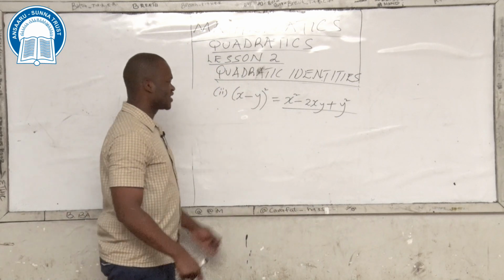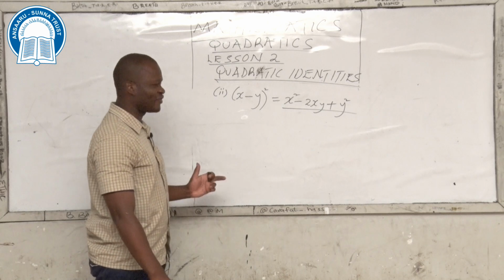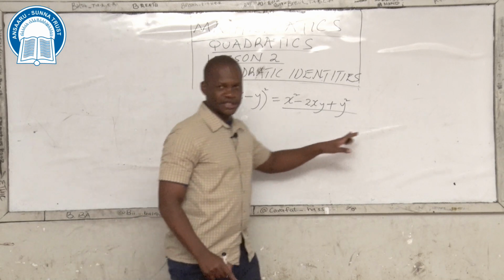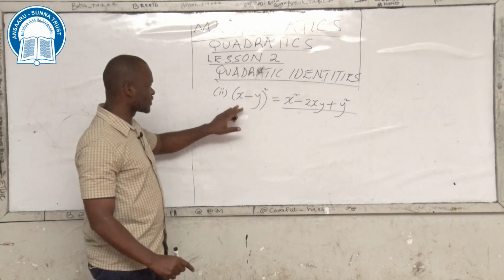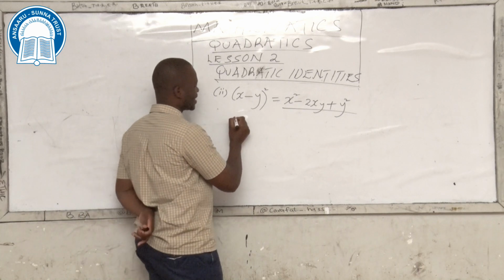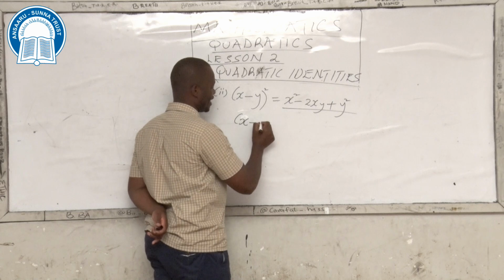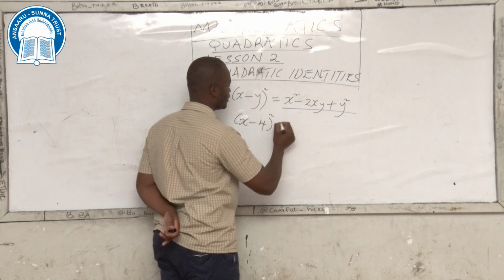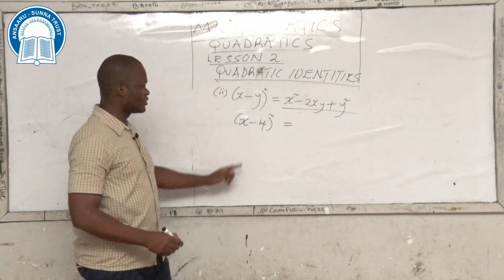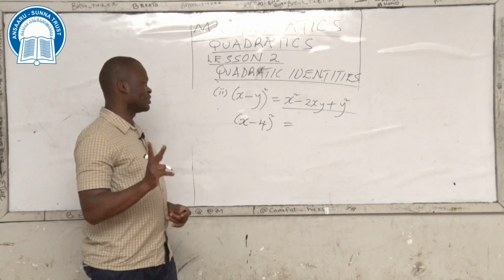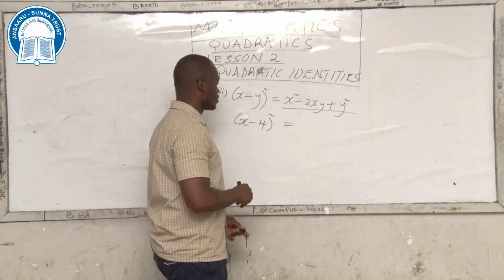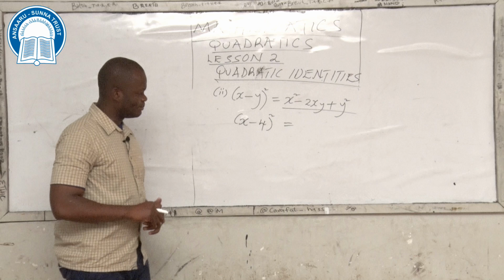So again, having taken enough time to cover the first one, I'll just take a short time to cover this. Now, you are given such an expansion as x minus 4 squared. How do you carry out this expansion? You have two options. The first option will be to use long multiplication.